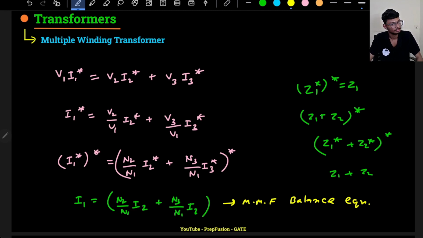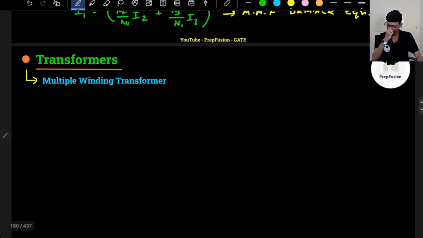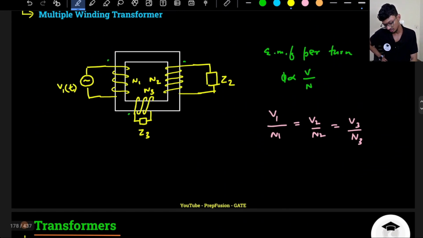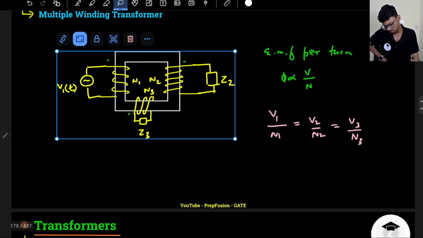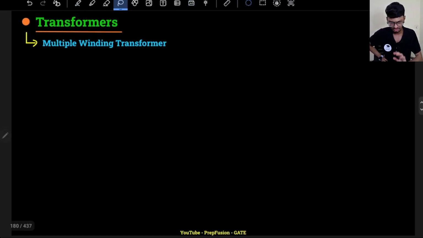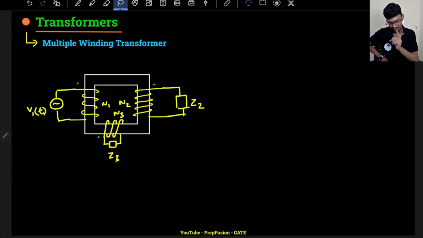Okay, got it. Now let's discuss a bit about the equivalent circuit of the transformer. If I have this circuit, we will follow the same thing whatever we have discussed for the two winding transformer; we will just copy that concept. So here I know that I have V1 of t.